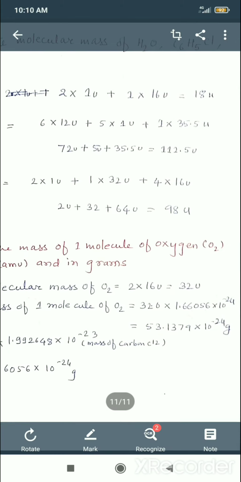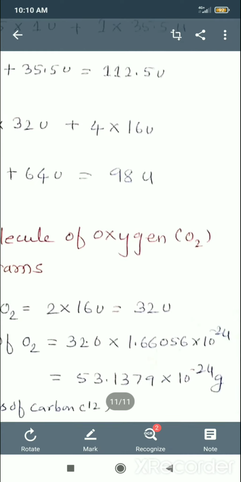The mass of one molecule of oxygen is 32 multiplied by 1.66056 into 10 raised to the power minus 24.